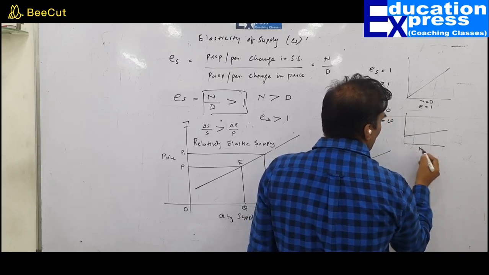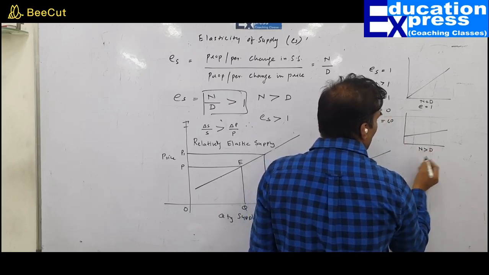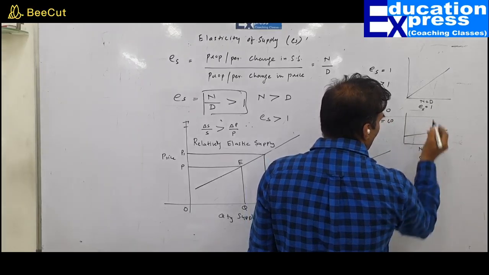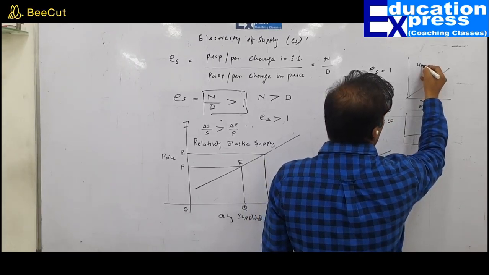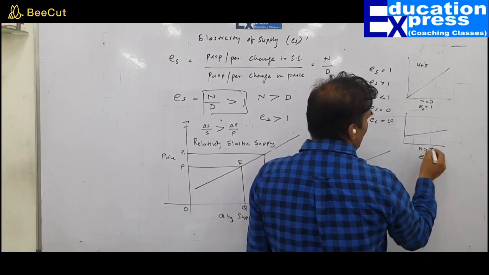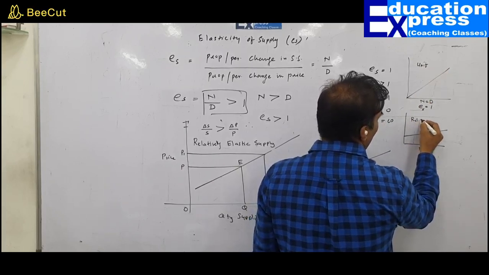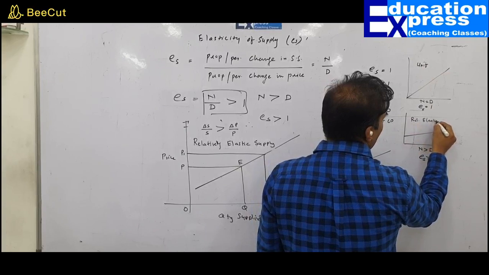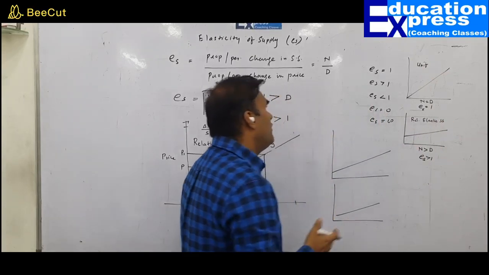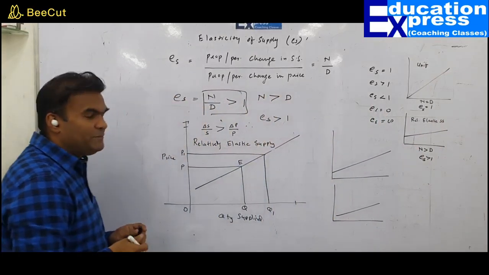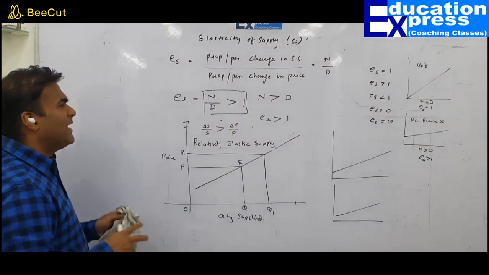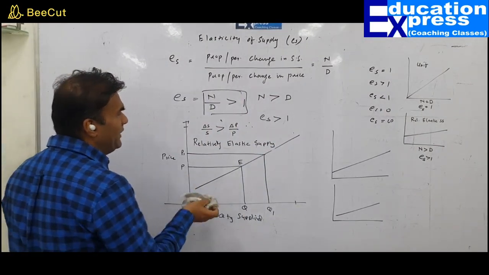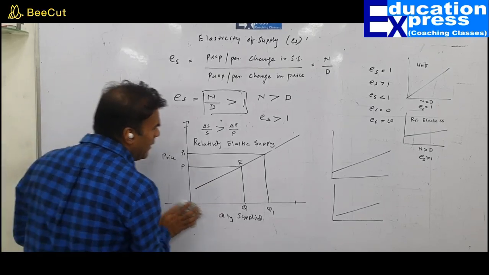Automatically you know that numerator is greater than denominator, so elasticity of supply is greater than 1. This is uniform elasticity, whereas this is relatively elastic supply. If you have understood this concept, I am sure that the rest of the concepts are all self-explanatory and could be done by following the same analogy.